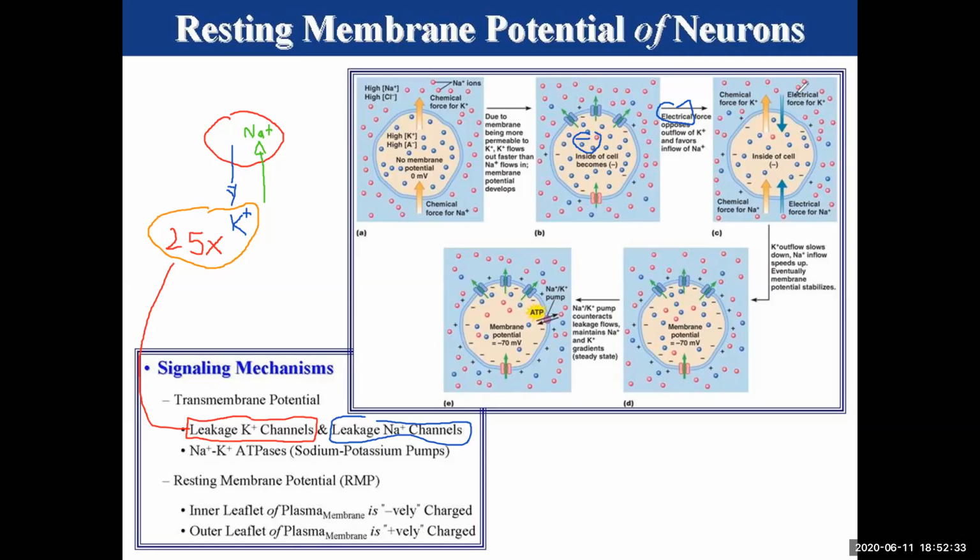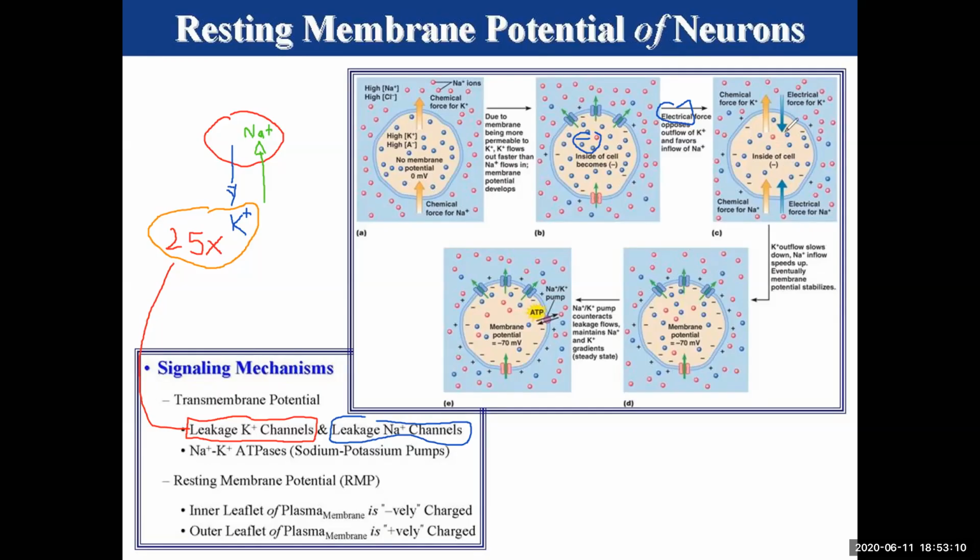So ultimately, this is the electrical force. Now you have the chemical force favoring potassium efflux, chemical force favoring sodium influx, and electrical force favoring sodium influx; it also favors the slowdown of potassium efflux. And ultimately, potassium will be forced to go back in due to that negativity inside.